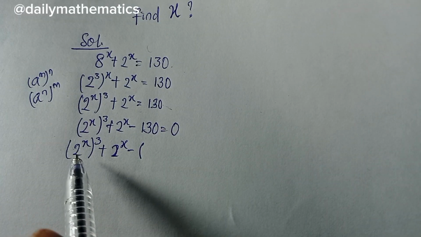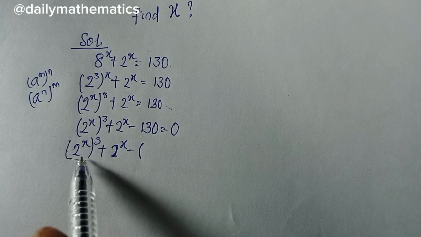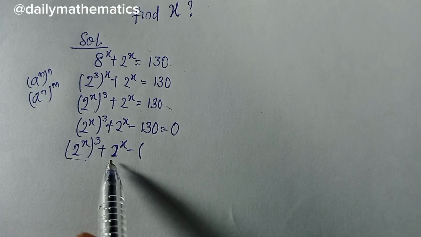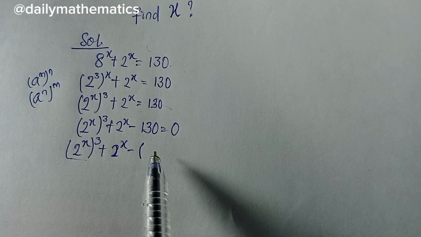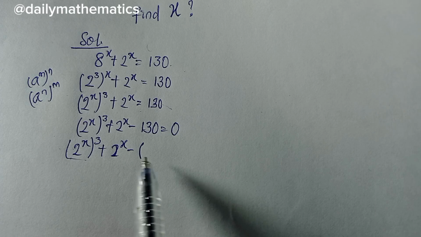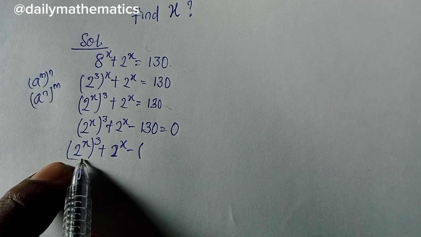Now you can see here that we have a number raised to the power of 3, and we also have the same number raised to the power of 1. So we are going to split 130 into a perfect cube and another number, because this is like a cube.